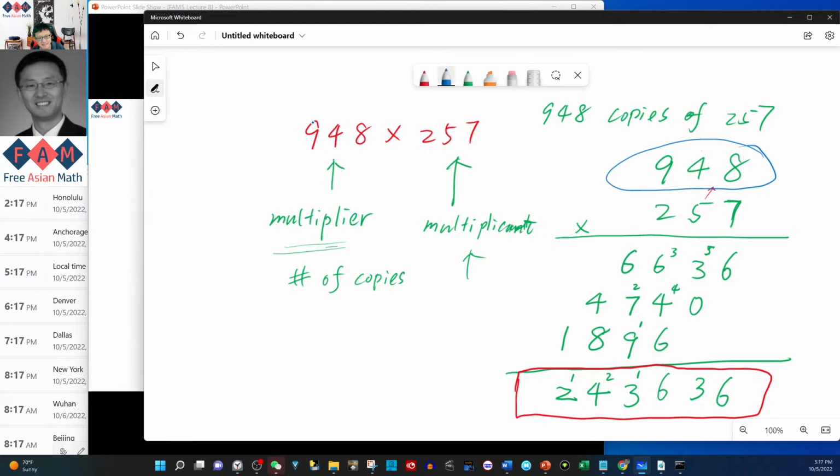Because of the positional system, the total value, this is 948 in the base 10 sense, but within this base 10 system, it has been so nicely organized for you. That enables this algorithm. That's the very reason we can do this, the algorithm.